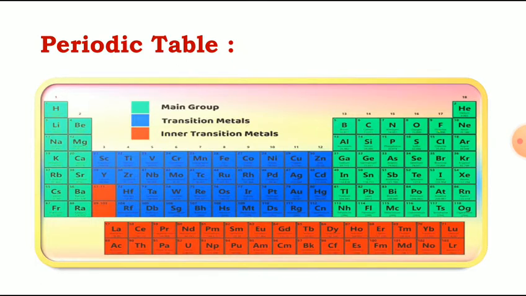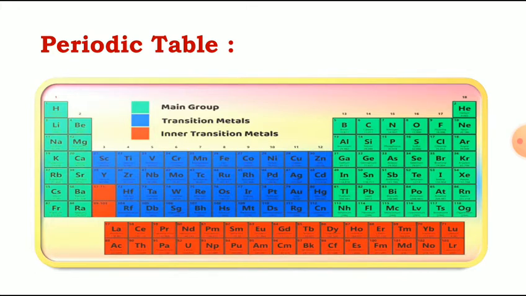So S block and P block elements are the main group elements. In S block group first, the elements are hydrogen, lithium, sodium, potassium, rubidium, cesium and francium.